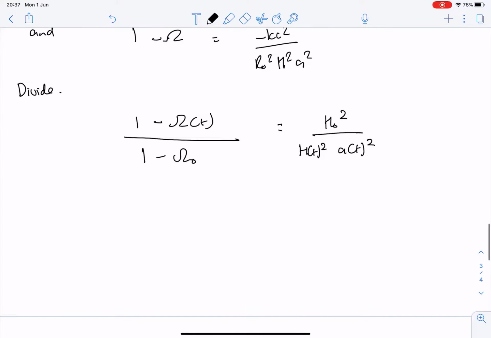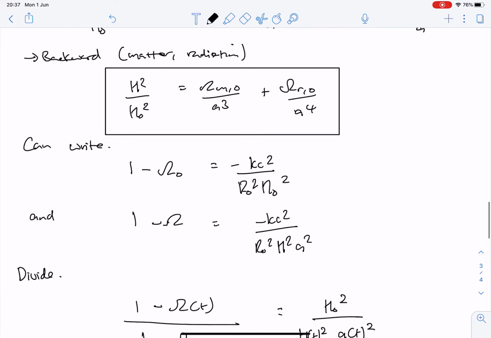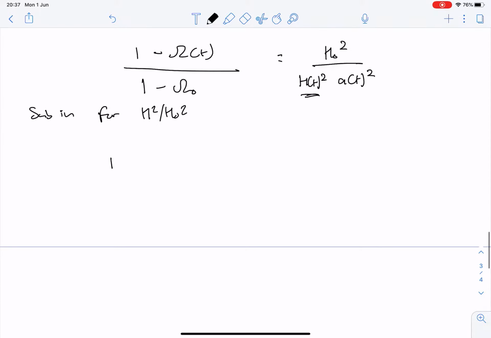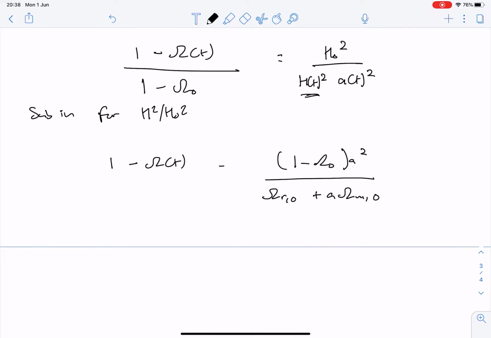And then I can just substitute in for h squared over h naught squared, so this bit here, from my boxed equation up here, and I get that 1 minus omega t is equal to 1 minus omega naught a squared over omega r0 plus a omega m0.